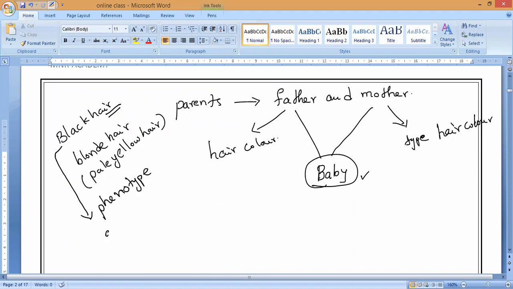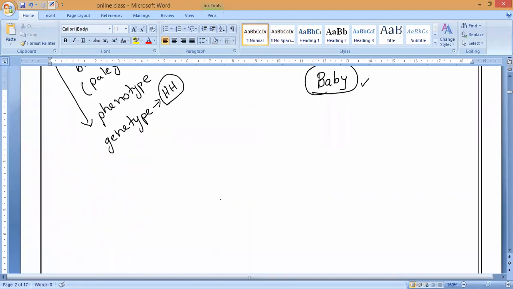What is the genotype of black hair? The genotype of black hair is capital H and capital H, which we represent with alphabets. What is the genotype of black hair? At least respond. Capital H and capital H.